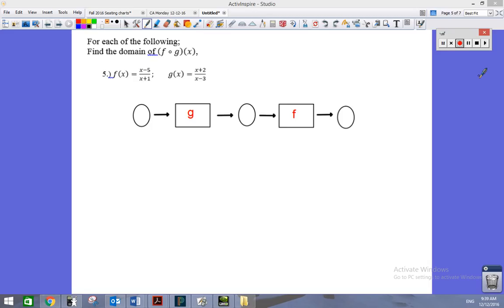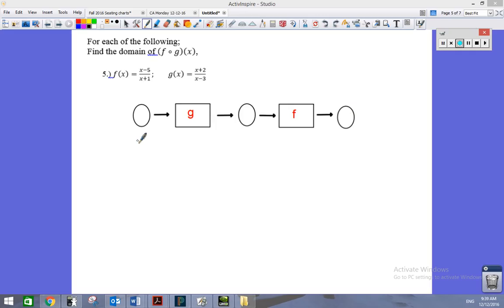How these compositions are built can be described as an assembly line. We start with some number that's in the domain and we plug it into the second function g, and g does its rule and produces an output, and the output of g then becomes the input of f, and the output then is our final answer.